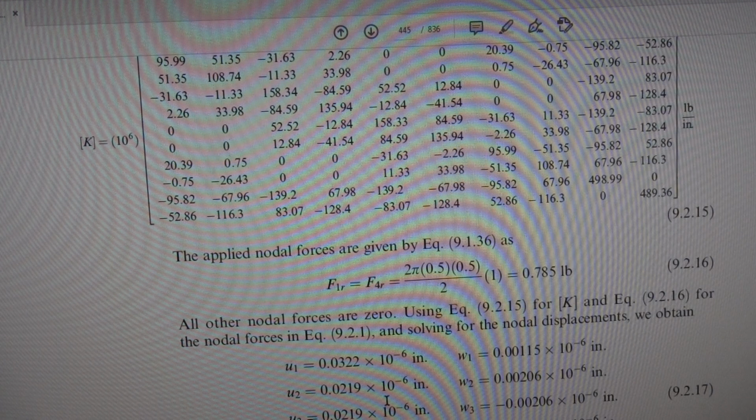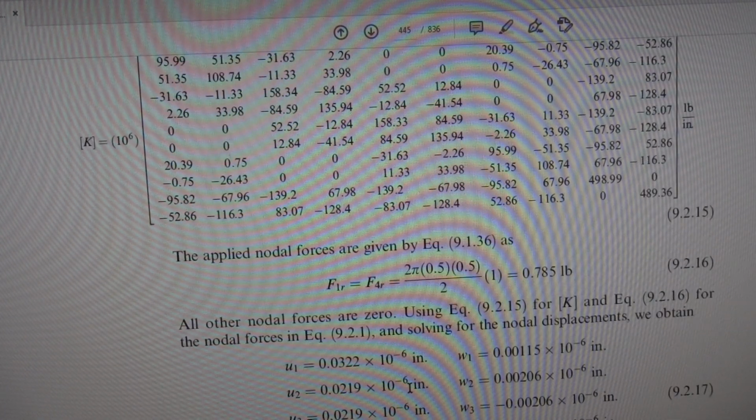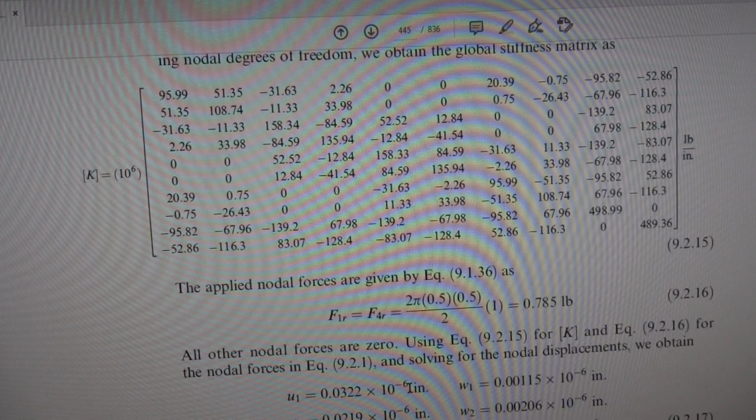will get these values. For the boundary conditions, here you can directly write the force matrix: the stiffness matrix multiplied by the displacement vector is equal to the force matrix, and take the inverse of this, and you can get the values of U1, U2, U3, U4, U5, W1, W2, W3, W4 and W5.